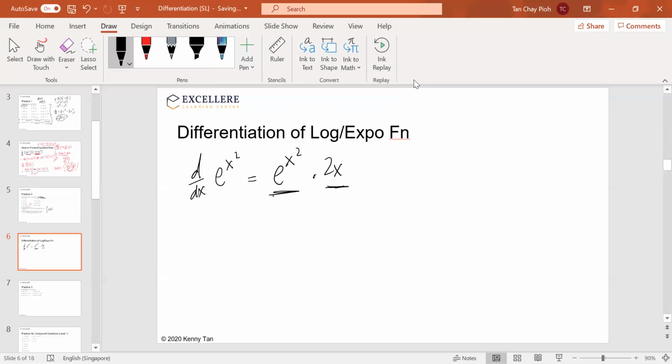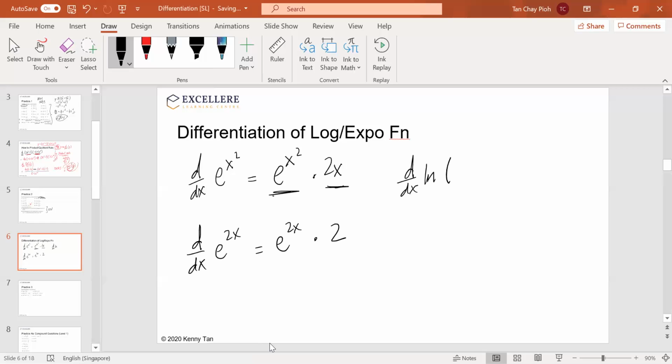You have to multiply by the differential of the power. Which means, let's say if I have exponential 2x, what we'll get is e to the power of 2x times 2. Oh, because it's 2x now. Okay, yeah. Understand? Very easy.